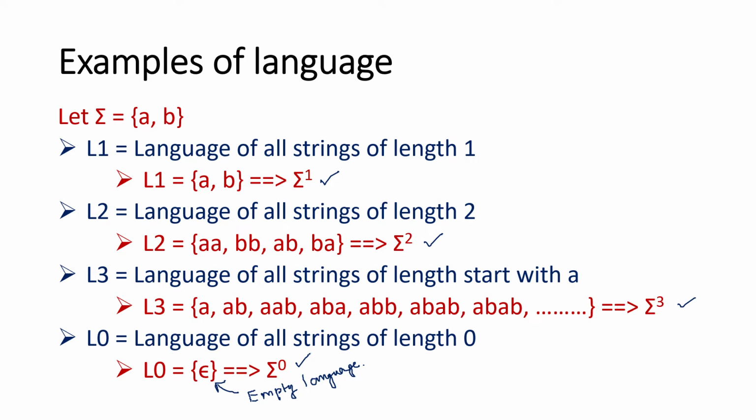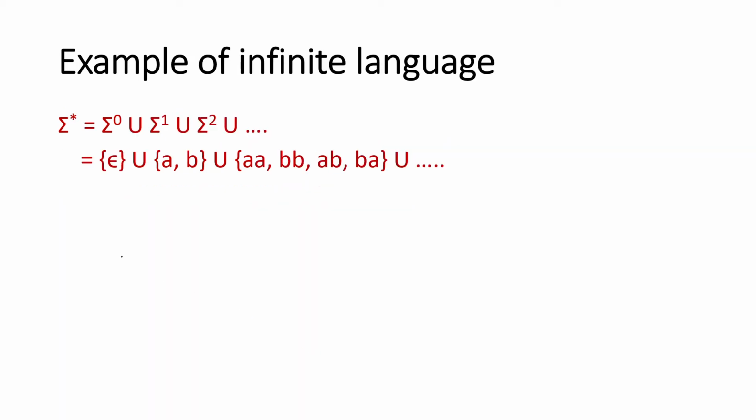There is a mother language above all these languages, what we call sigma star, which is also said as the Kleene closure of sigma, which says a logical OR of all the above languages possible, like sigma 0 or sigma 1 or sigma 2.